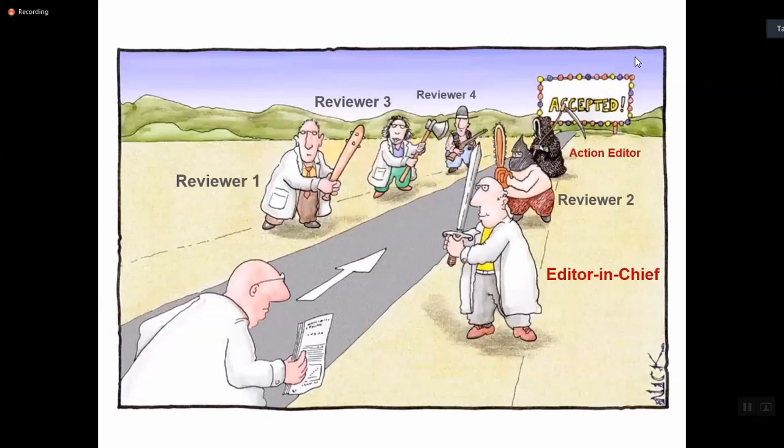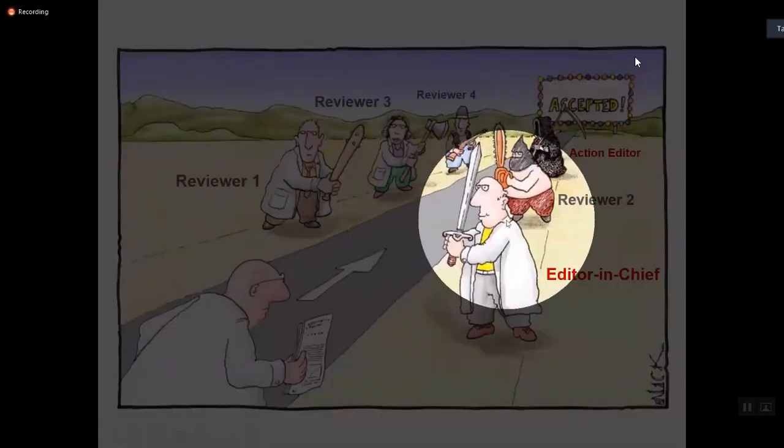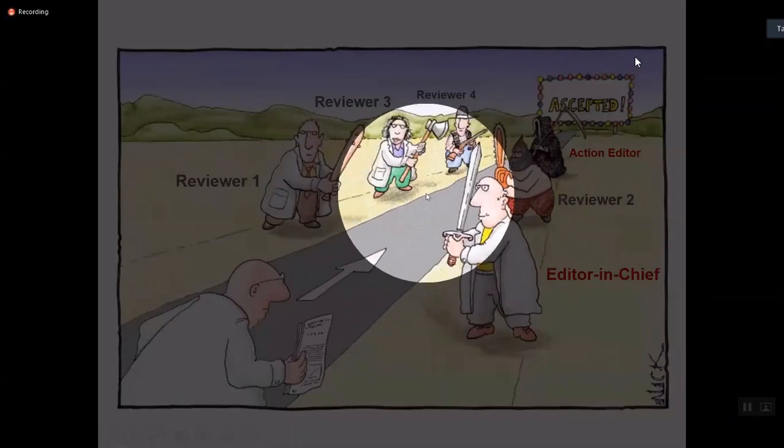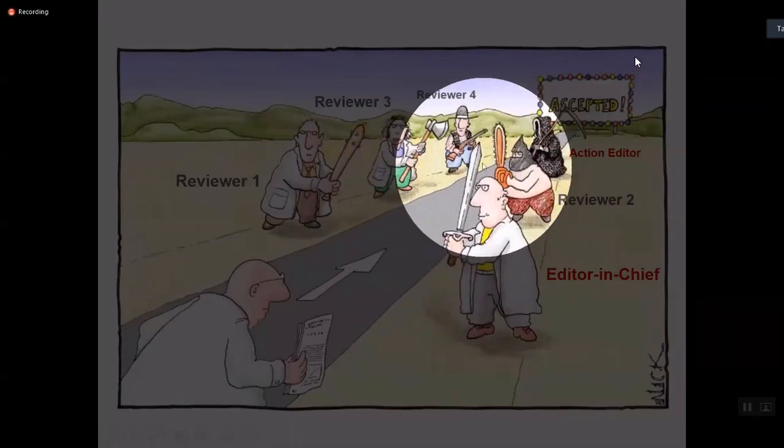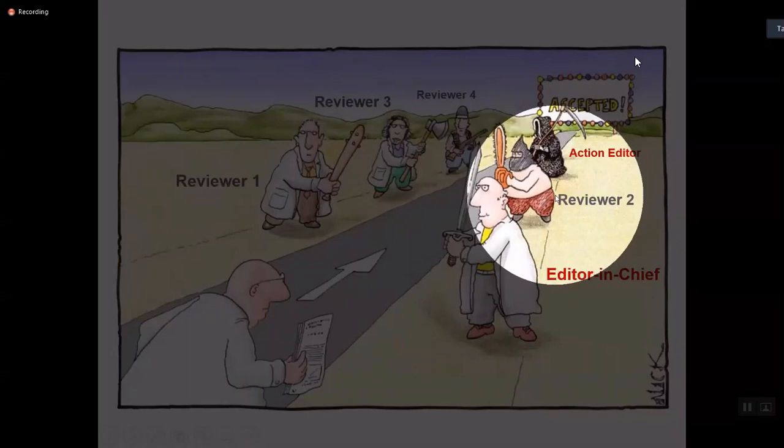He or she will decide whether to reject your paper or not, if you are likely to survive the first screening, and then the editor-in-chief will invite reviewer 1 and reviewer 2 to review the paper, and sometimes reviewer 3 and reviewer 4, and then another editor, called the action editor or associate editor, will make the final decision on whether your paper is accepted or not.